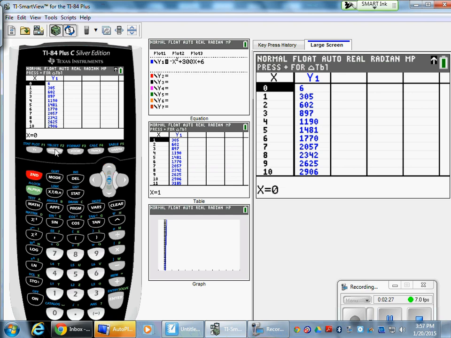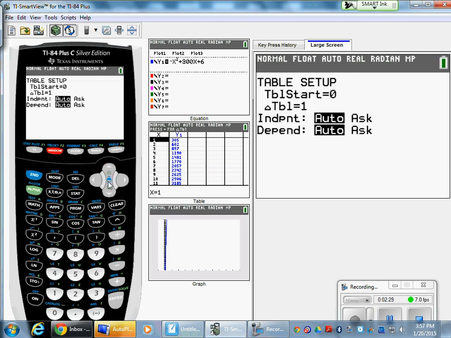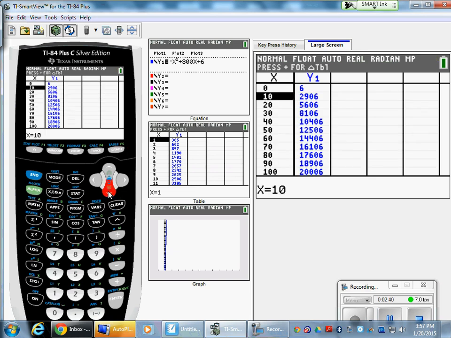If you go to your table set, here I'm telling it to start at 0, and delta table means how much you want it to count by, and I'm going to put tens. That way it's not taking me as long to get to 300. So at 0 it's 6, and then I'm up to 14,000, 16,000, 17,000, still going up, 22,000.